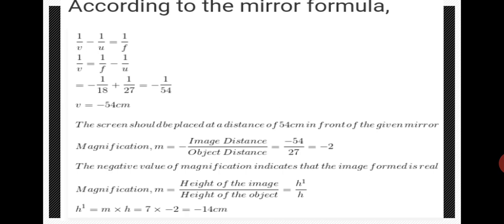minus 2. What does this minus 2 indicate? Minus 2 indicates that the image formed is a real image. And the other one asked in the problem is the height of the image, which again can be calculated using the magnification formula, and the height of the image is minus 14 centimeter.